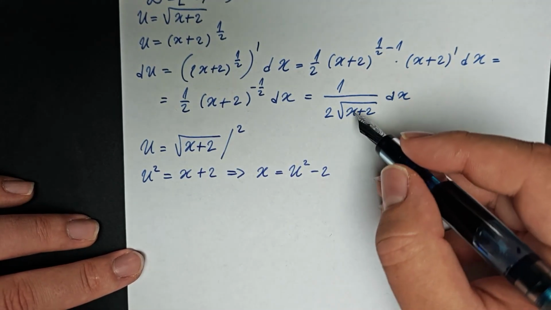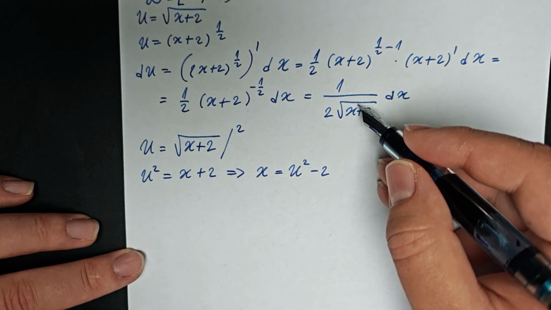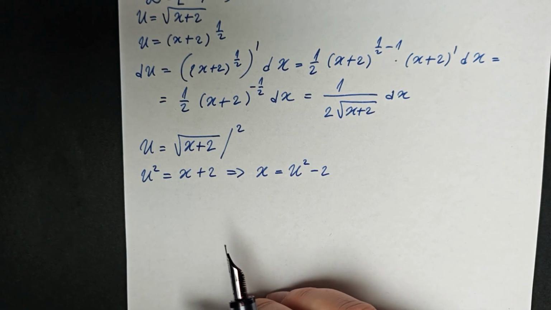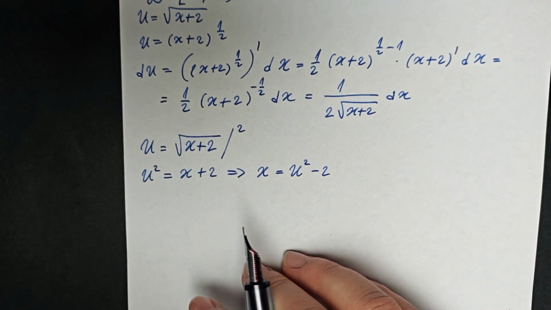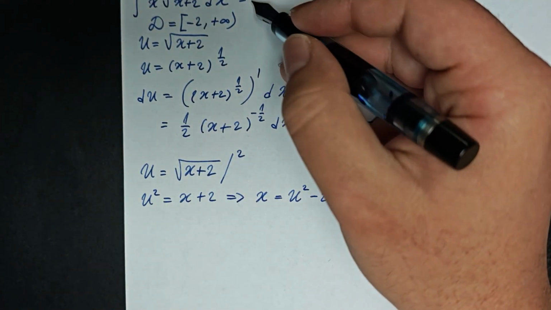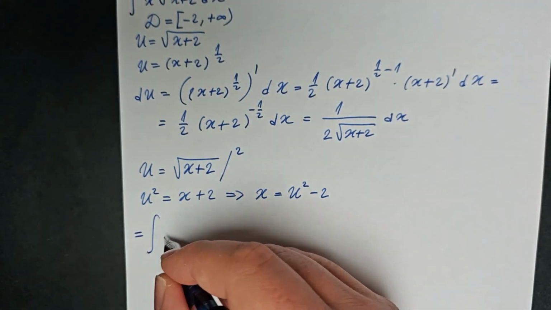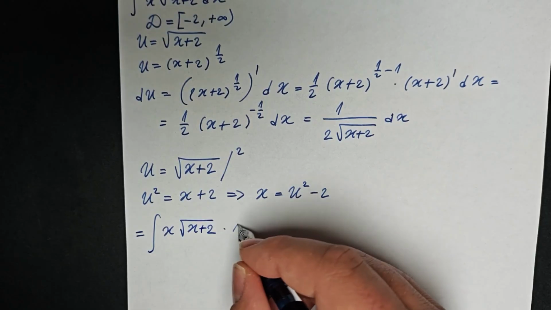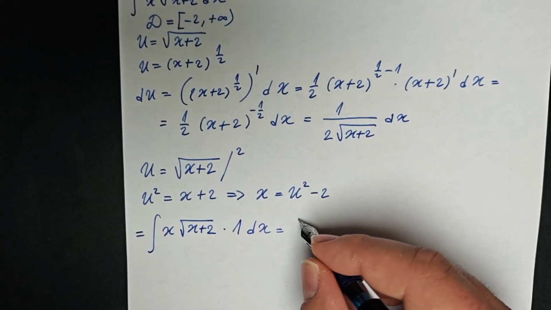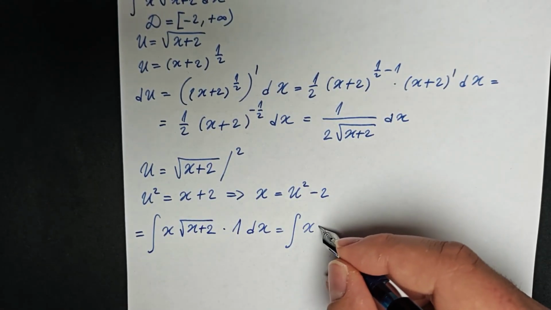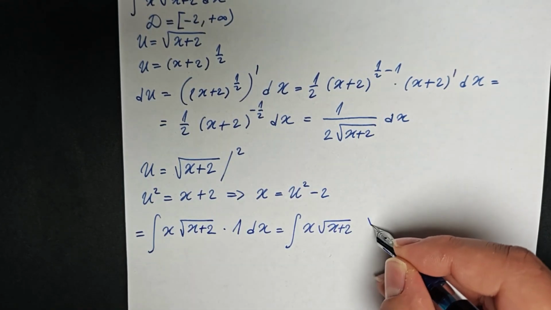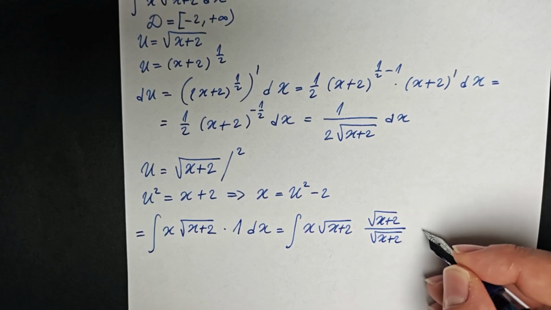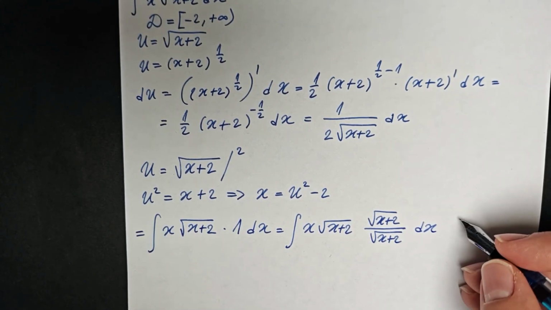And to get this square root of x plus 2 in the denominator, we are just going to multiply by a conveniently written 1. So this integral is equal to an integral of x square root of x plus 2 multiplied by 1 dx. Number 1 we are going to conveniently write as the square root of x plus 2 divided by the square root of x plus 2, dx.